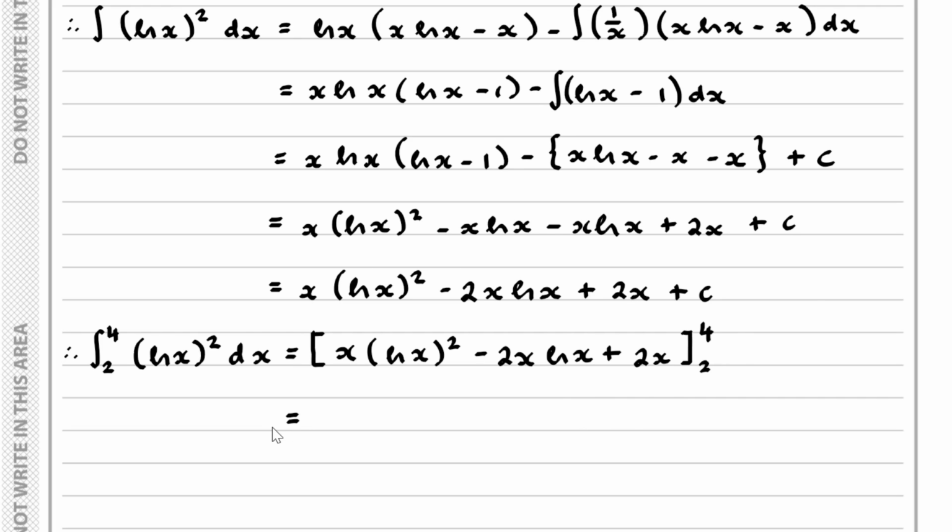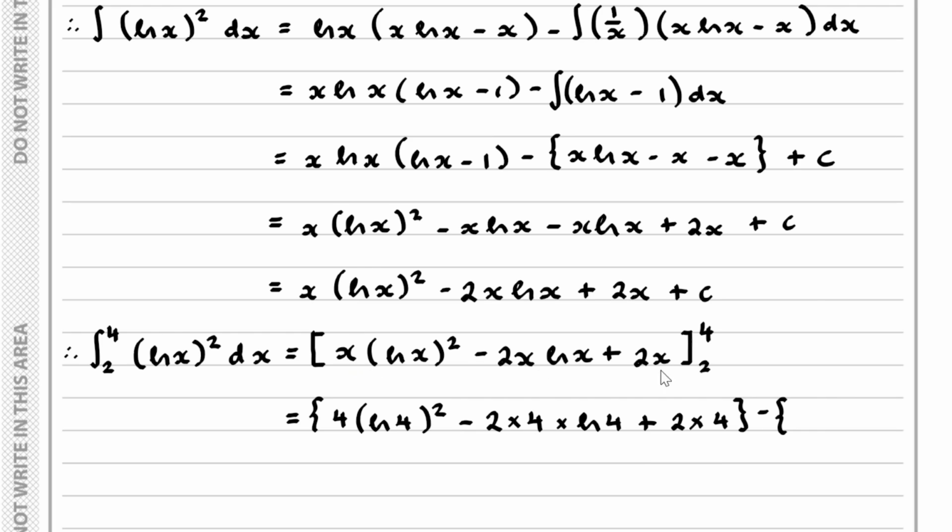Now, if we substitute in for our upper limit, we've got 4 lots of the natural log of 4 squared, and here we have minus 2 times 4 times natural log of 4, and here we've got 2 times 4. That's what we get for the upper limit.